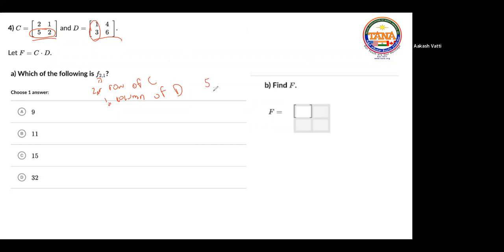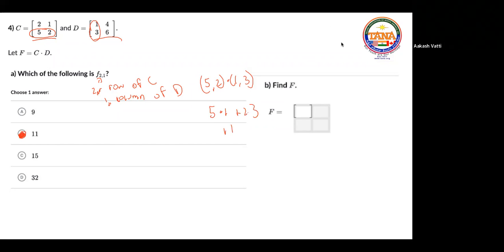So you do 5, 2 times 1, 3, which is 5 times 1 plus 2 times 3, which is 11. So B. It looks like most of you got that right.